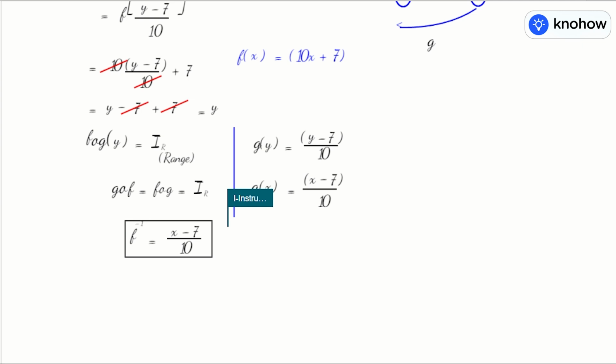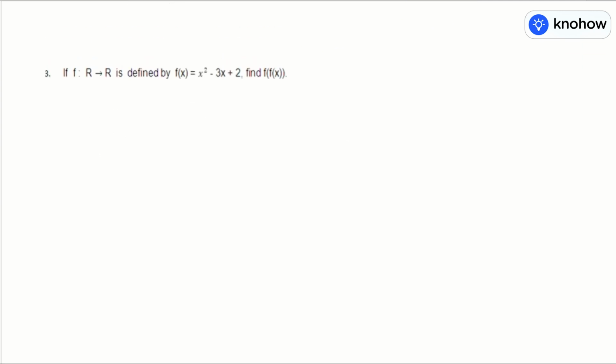Now we are given f(x) is equal to x square minus 3x plus 2, and we have to work out f of f(x). That is f of, what is the definition of f(x)? x square minus 3x plus 2. Now what do you mean by f of this?